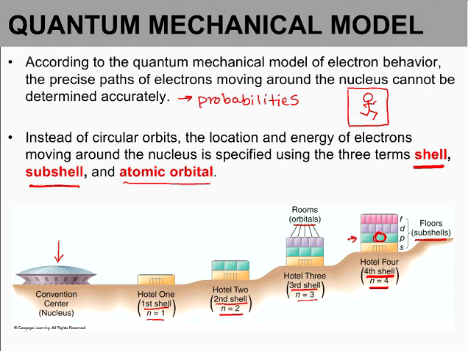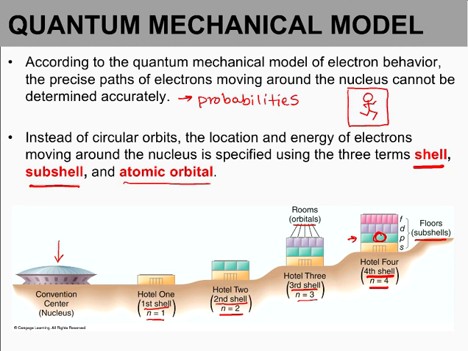So now we know the shell is 4. The floor is labeled P, and we'll talk about those labels in a bit. And then the room is the center room, which doesn't really have a label in our situation. We'll talk about that later.